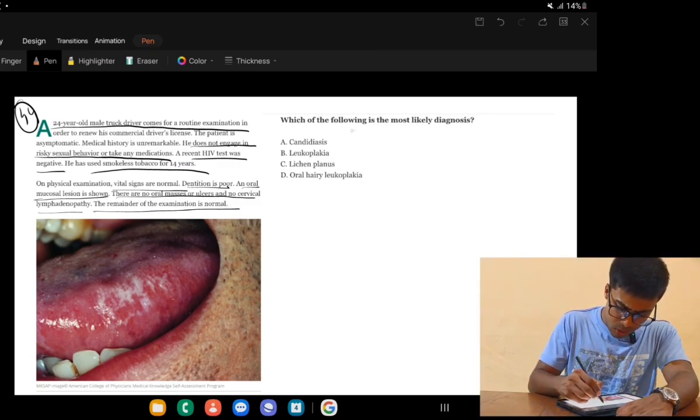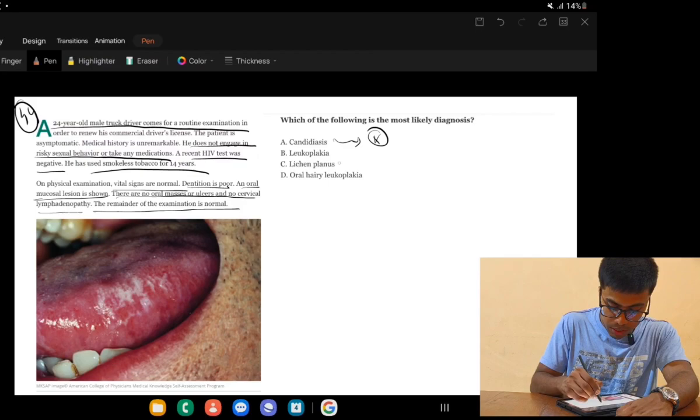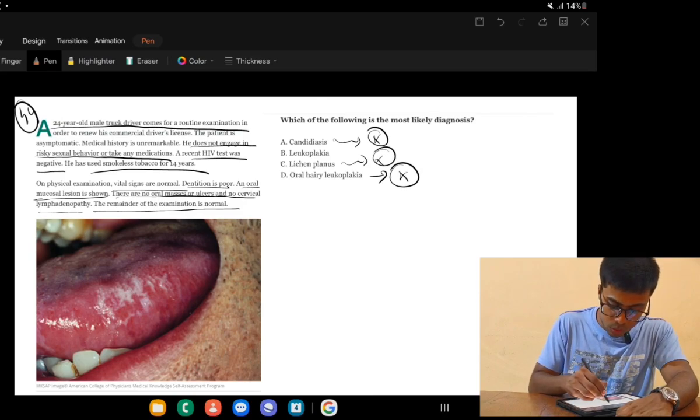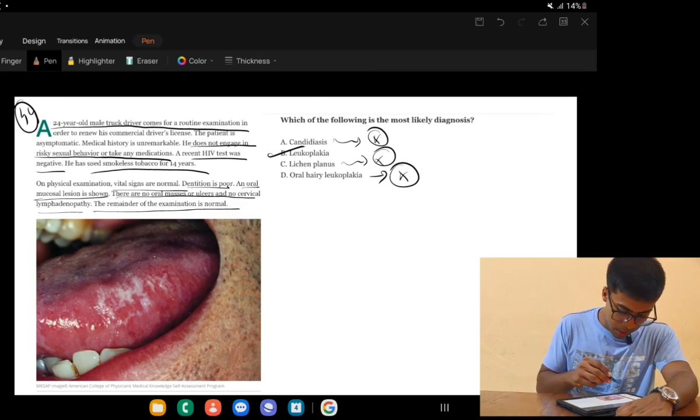So what is this? Does it look like candidiasis? No, since there is no oral thrush. Leukoplakia, maybe lichen planus? No, for sure. Oral hairy leukoplakia? No. There is no hairiness, so it's leukoplakia.